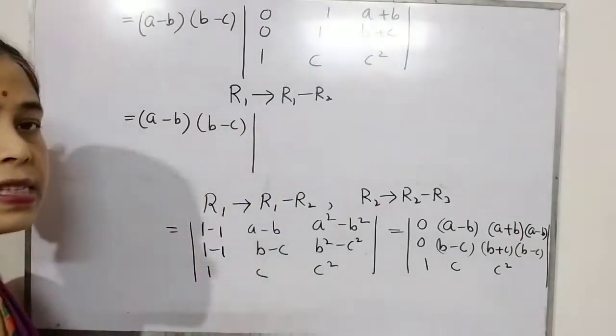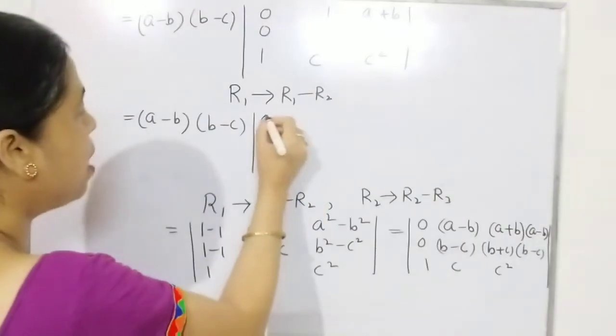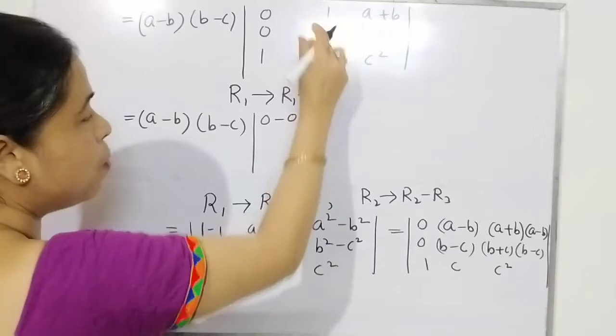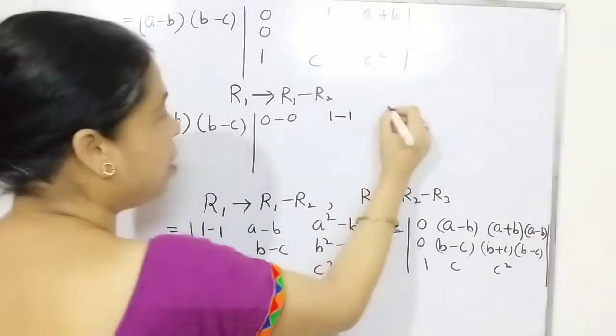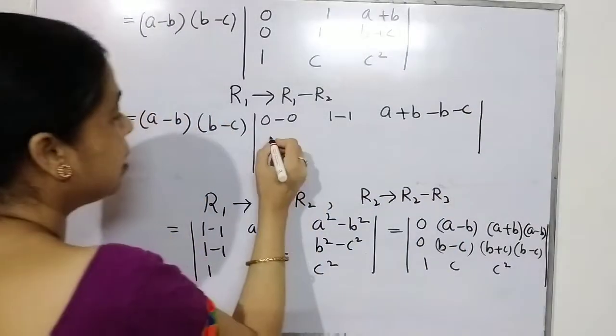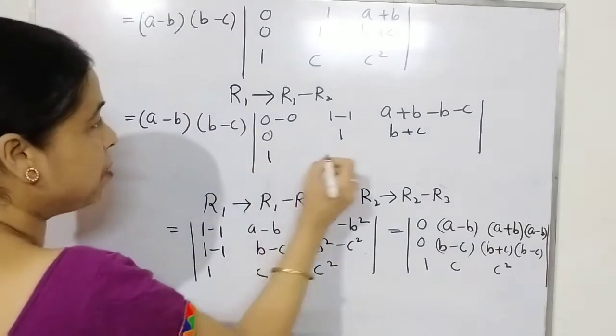When I replace R1 with R1 minus R2, you can do it directly if you want, or otherwise you can write it down also. 1 minus 1, this is first row, this is second row. 0 minus 0, this is 1 minus 1. Here it will be equal to what? A plus B minus B minus C. So keep the others as they are, because if I again subtract, that will not help.